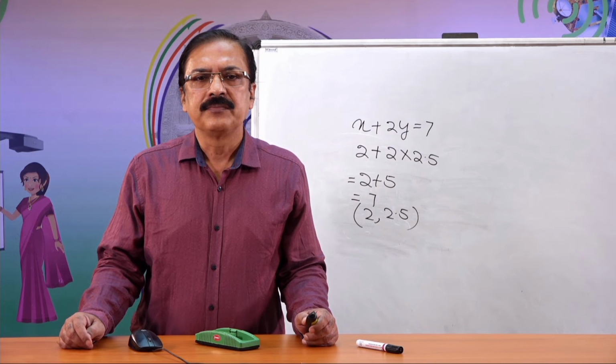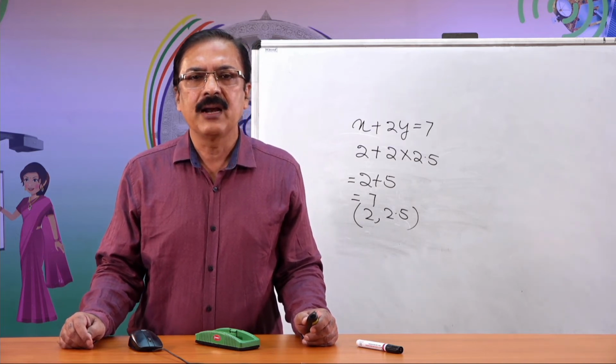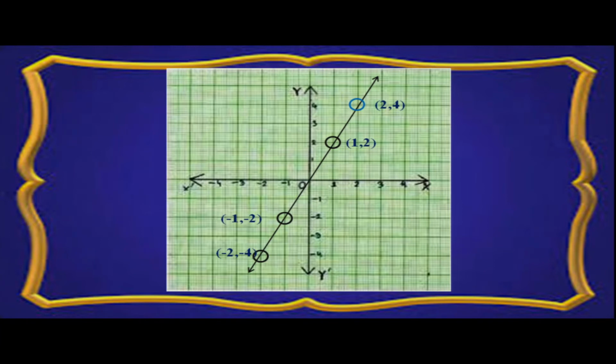Now, let's take another point here that gives 2, 4. Now you can examine whether this is a solution or not. If we put the value of x as 2, its value of y is 2 into 2, that is 4.